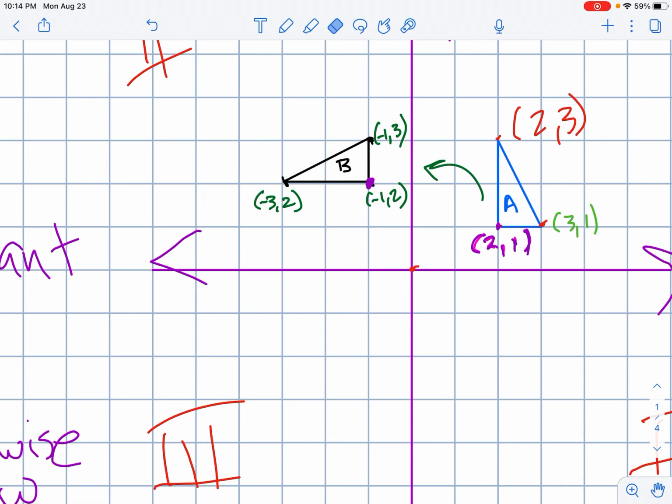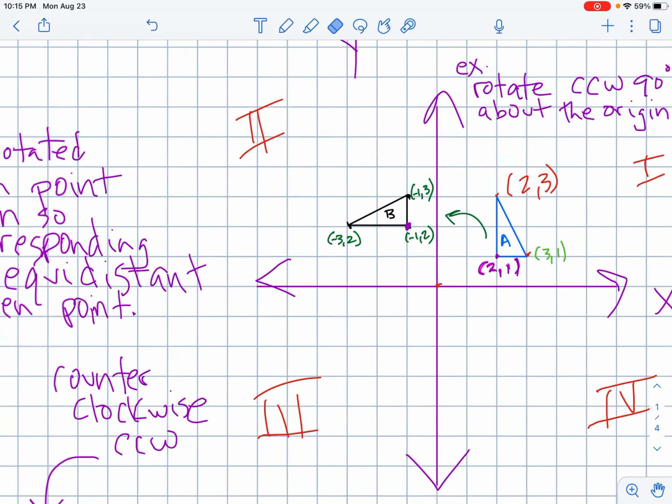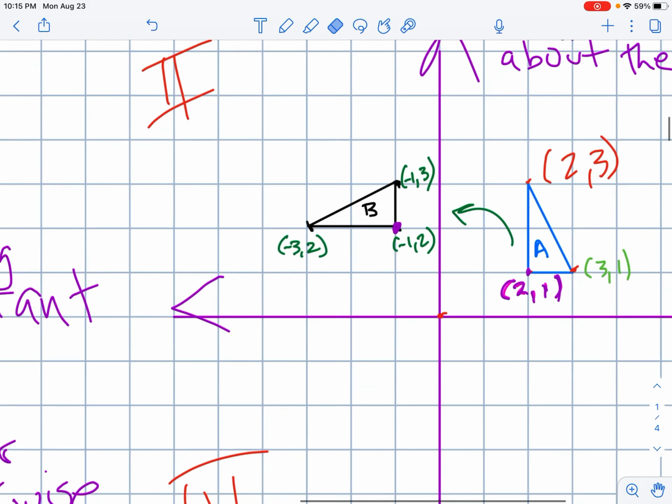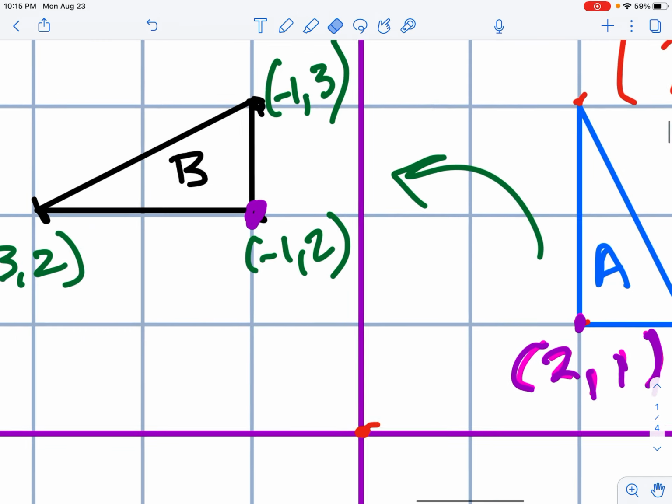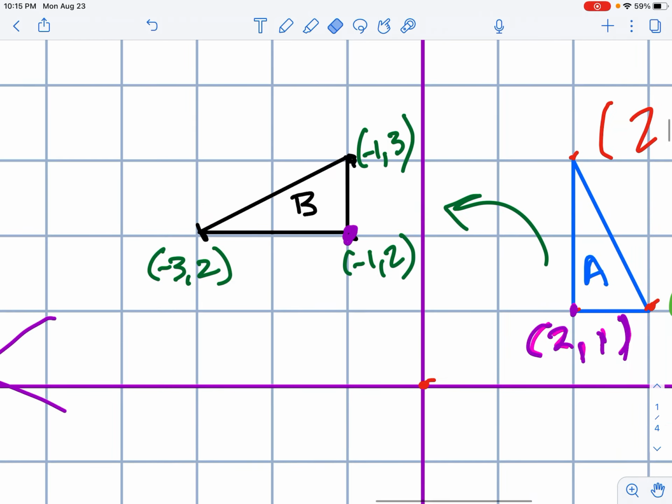Some people are just good at visualizing where a 90-degree rotation would be. And I'm going to go over this again a little bit more with you when I get back into class. But if you also look at the coordinates, a 90-degree counterclockwise rotation does this. Notice what it does here: the 2, 1 becomes negative 1, 2.